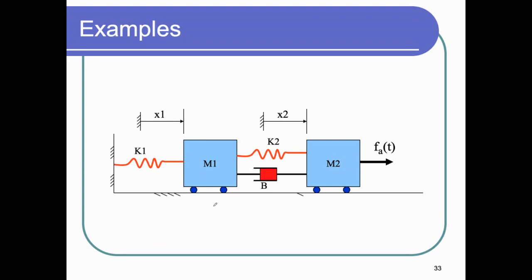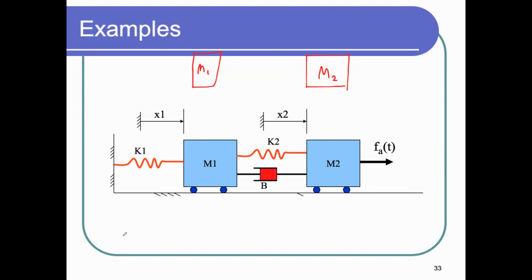Yes. Okay. So we have two free body diagrams here because we have two masses. I have mass 1 and I also have mass 2. Every free body diagram needs to be balanced in terms of forces.